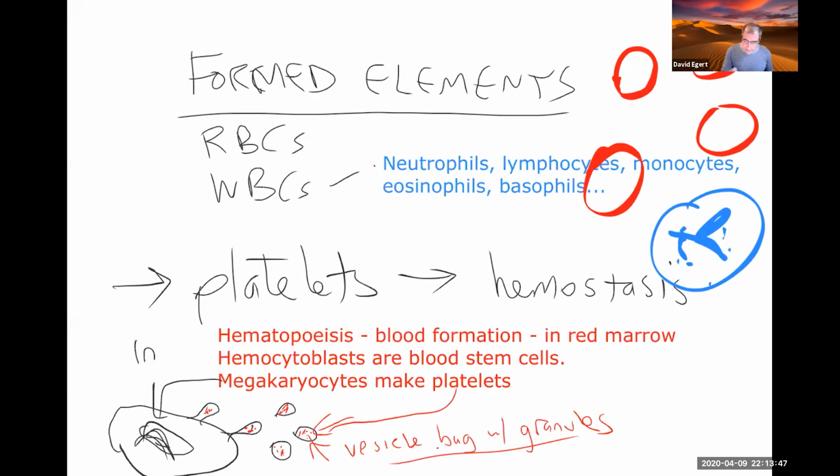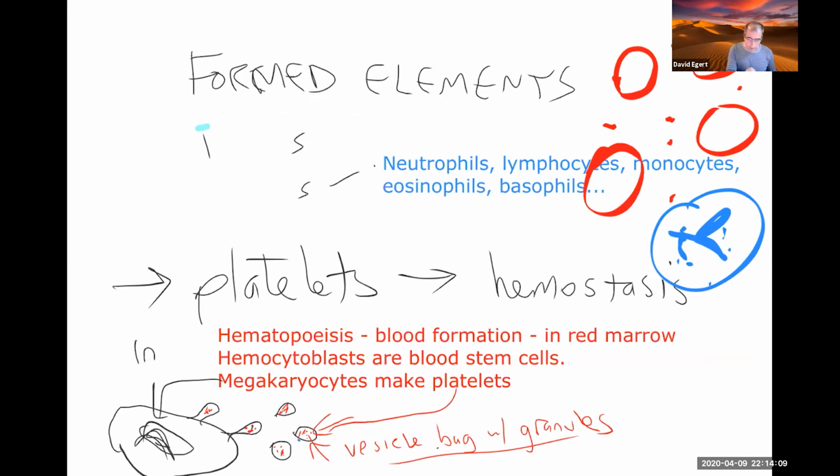The platelets are going to look kind of just like schmutz, like little bits of stuff in the spaces between. The platelets don't look like a cell. They're little bags of granules. And I'll talk a little bit more about platelets.